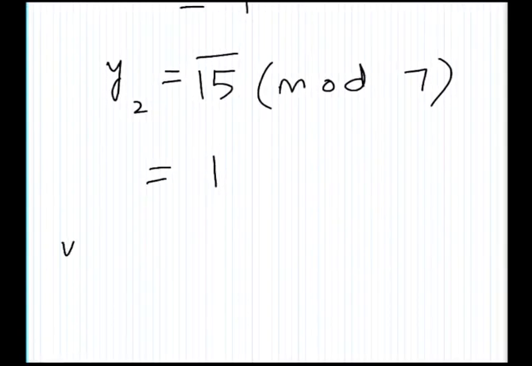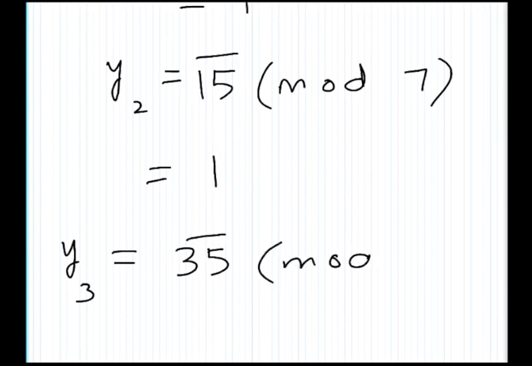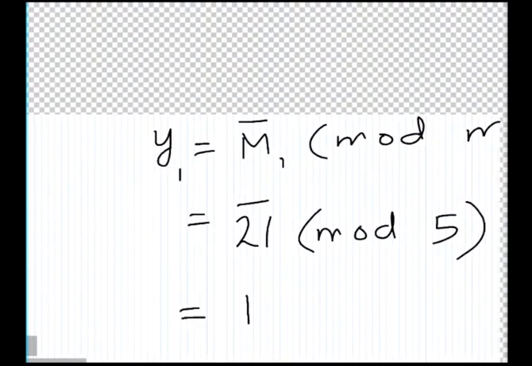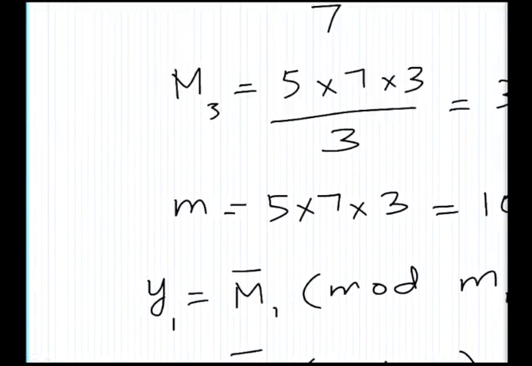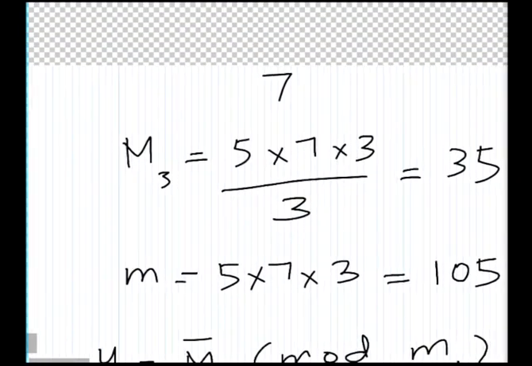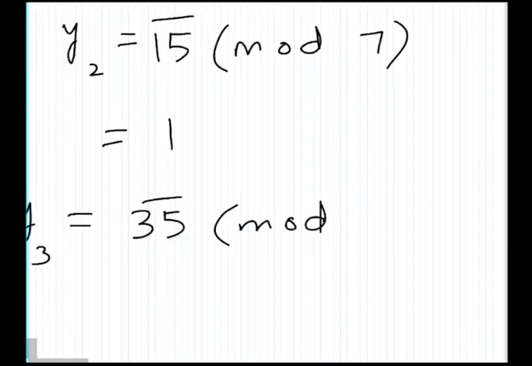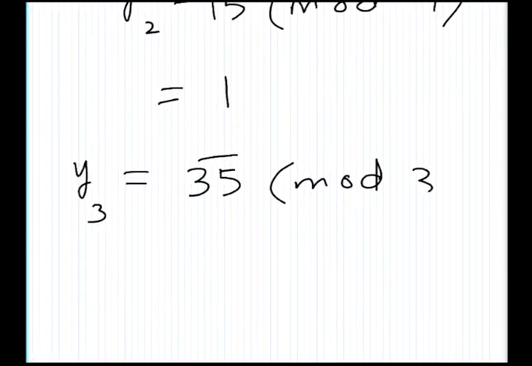Now y3 is equal to 35 inverse modulo m3, and m3 is 3. So this is equal to 2, because 35 times 2 is 70, and 70 divided by 3 gives us the remainder 1. So y3 is equal to 2.